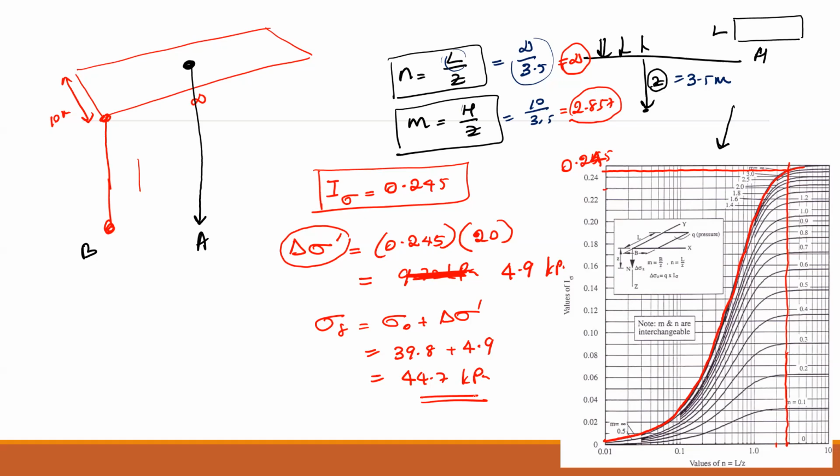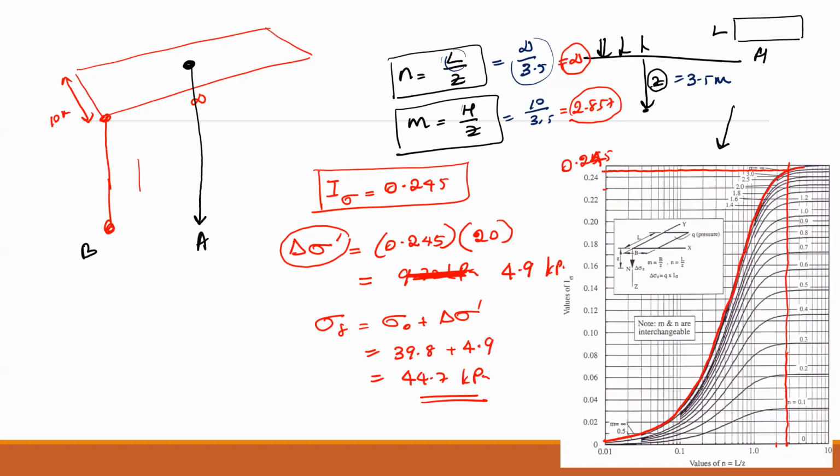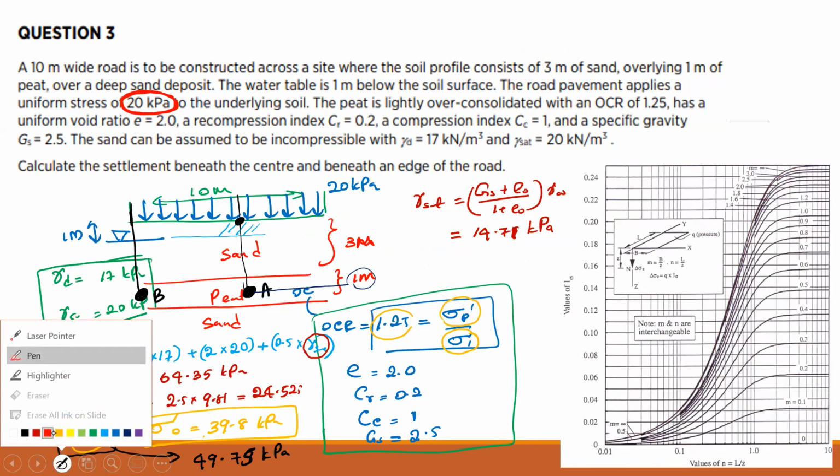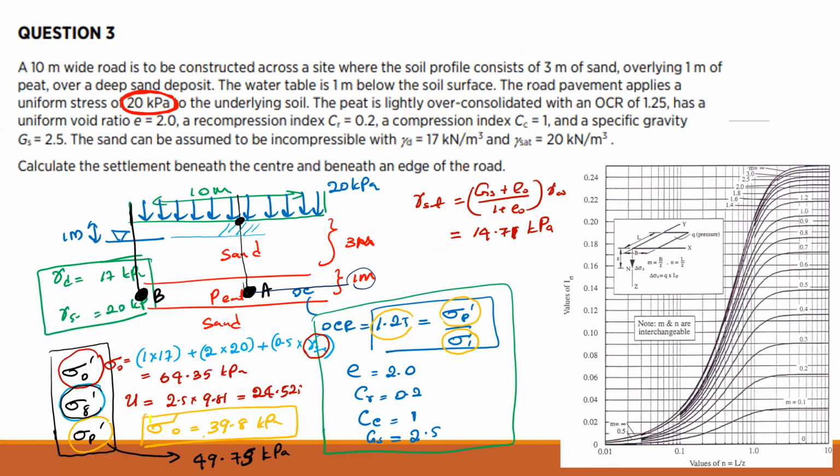So the initial value, whether you are considering A or B, is it different or not? Can you tell me if these two values that we found will be different whether we consider point A or B? These values don't change, they are the same for B or A, because those values are when you don't have the road.